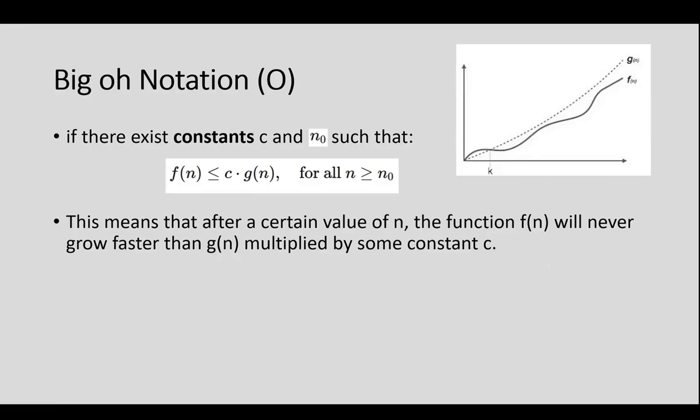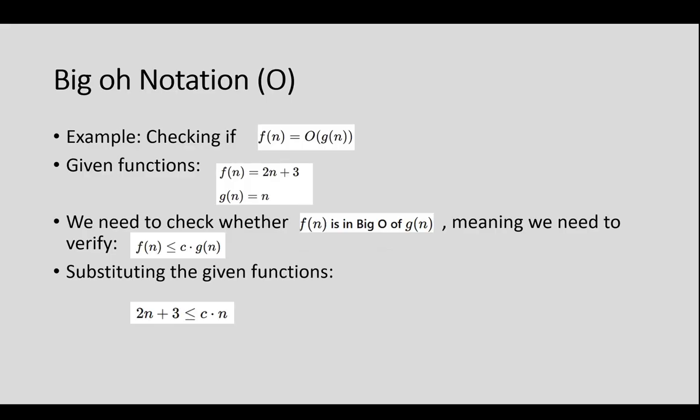So my function needs to stay below that upper bound displayed by the Big O notation. This means that after a certain value of n, the function f of n will never grow faster than g of n multiplied by some constant c. That is the mathematical representation of Big O notation. Now we will see by actually substituting some values for n.